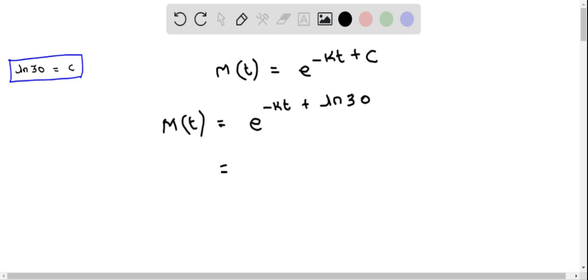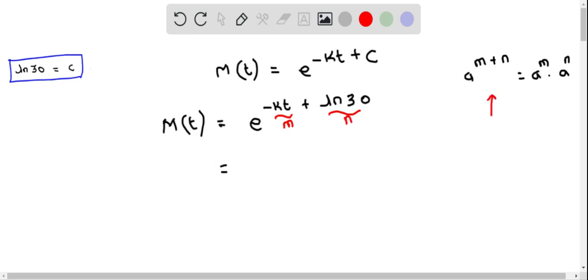Now I can split this exponentiation on the right side into two parts using the exponent rule: if we have a raised to the power of m plus n, this can be written as a raised to the power of m times a raised to the power of n. Similarly, here I have e raised to the power of negative kt plus natural logarithm of 30, where one of them I consider as m and the other as n.